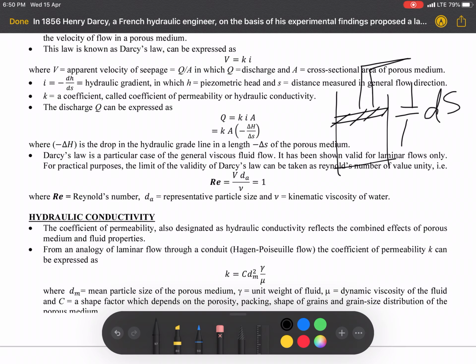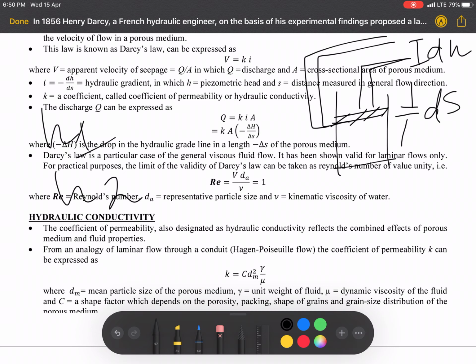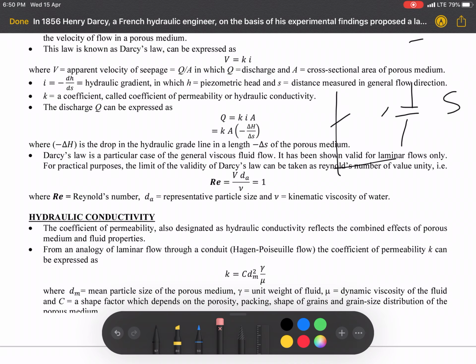If one piezometer is here and the other piezometer is here, this is dH actually. The upper layer head is H1, the lower head is H2, so H2 minus H1 is dH, but it is negative. Why? Because the water is getting lost. To accommodate this loss, this negative sign is there. So I will be minus dH by ds.